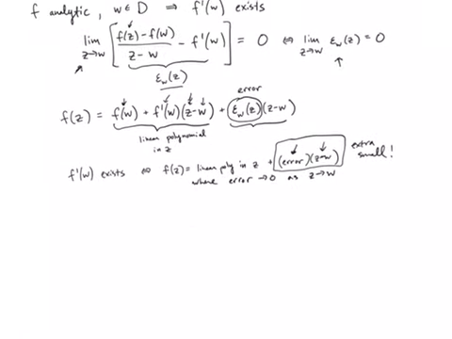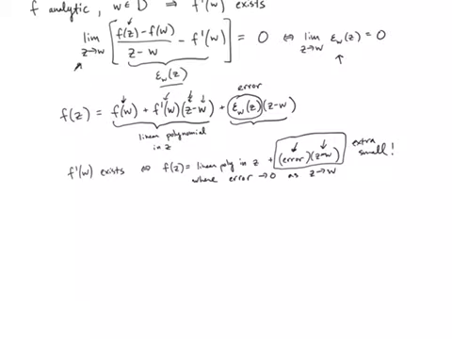So what Goursat observes, Goursat's main observation, is that if we take a small rectangle R going around, so w is inside the rectangle.